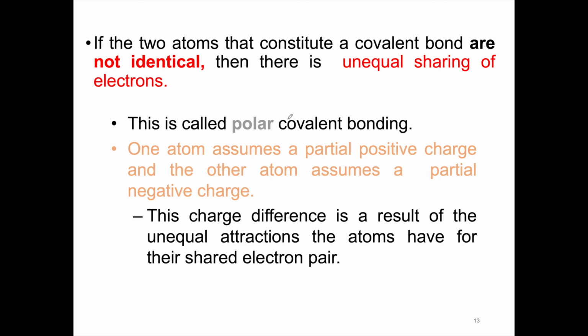One atom assumes a partial positive charge, which we write as delta positive, while the other assumes a partial negative charge, which we write as delta negative. This charge difference comes from the unequal attraction the atoms have for their shared electron pair.